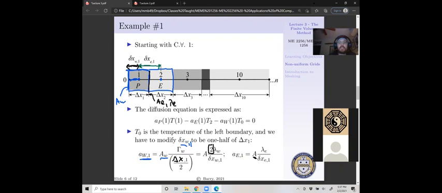That is, we can't just call this 2 times delta x west 1. They're not, because we have a non-uniform grid.